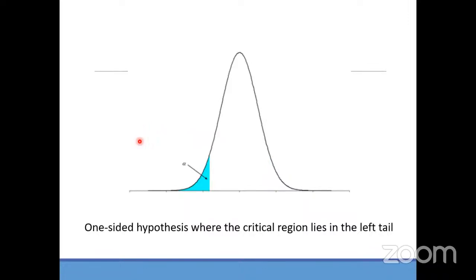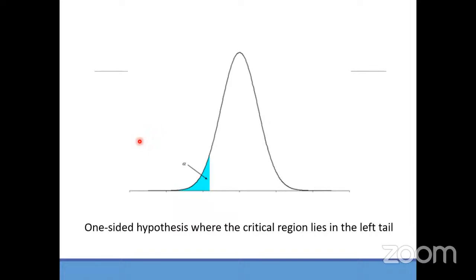In other words, the tail determines the sign of the alternate hypothesis. If the tail is left, the alternate hypothesis has a less than sign, which means the null has a more than equal to sign. So either the forward way or the backward way, you can understand the sign of the null and alternate hypothesis.